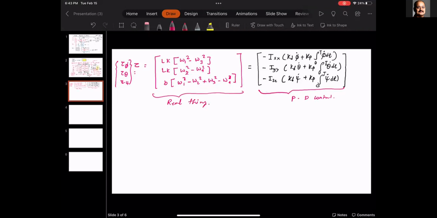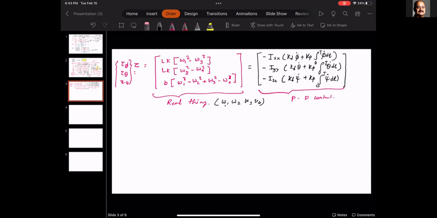Now what we want to do is relate this real thing to the control law that we have provided. So this is sort of the algorithm. But here is the problem. Our real thing has 4 inputs: omega 1, omega 2, omega 3, and omega 4.